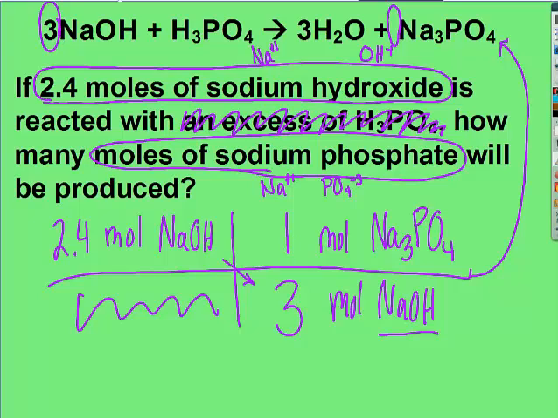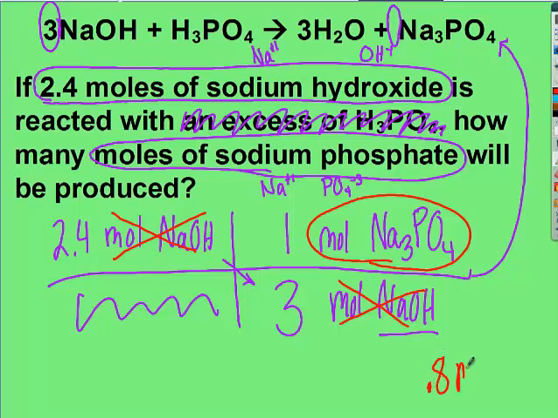Moles of NaOH, moles of NaOH. I'm left with moles of Na3PO4. If I multiply the top, divide by 3, I'm going to get 0.8 moles of Na3PO4. And there we are. There's our answer.